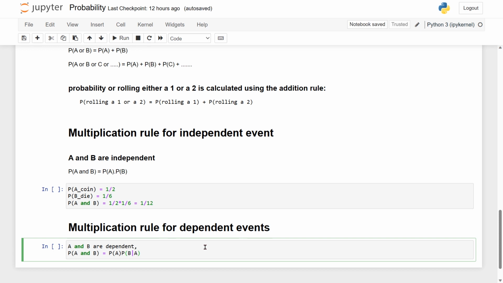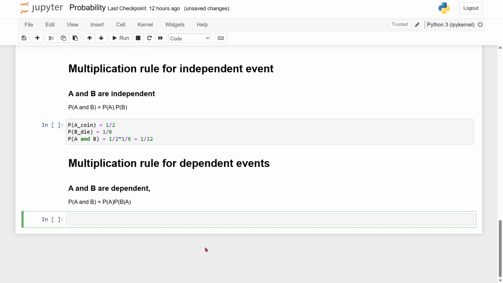That's what we call dependent events, and this rule is the multiplication rule for dependent events.